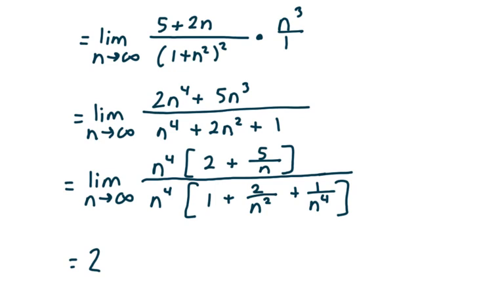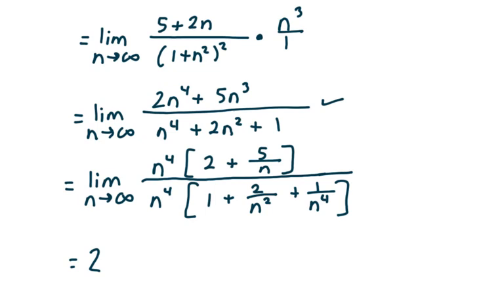That's the limit as n goes to infinity of (5n cubed plus 2n to the fourth) divided by, and then I squared out the denominator and got n to the fourth plus 2n squared plus 1. So that's right here. And then what I did was factor out an n to the fourth from the numerator and an n to the fourth from the denominator. When I factor out an n to the fourth from the numerator, I got 2 plus 5 over n in parentheses.